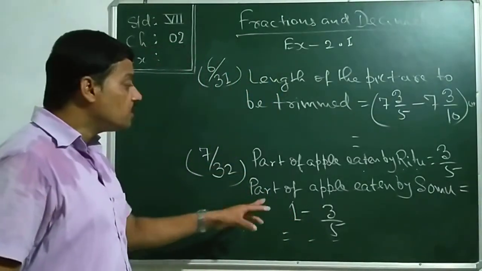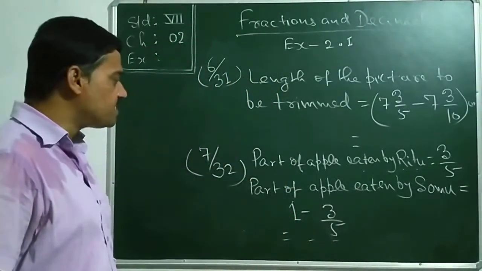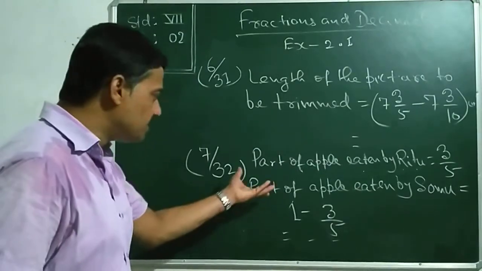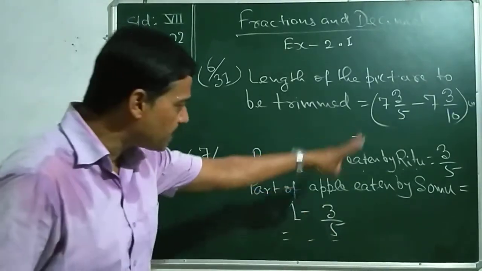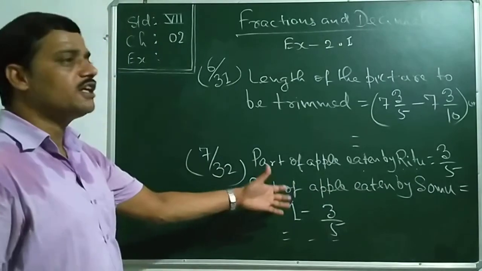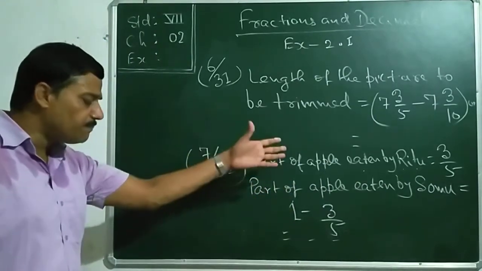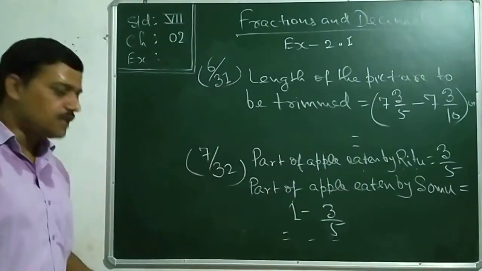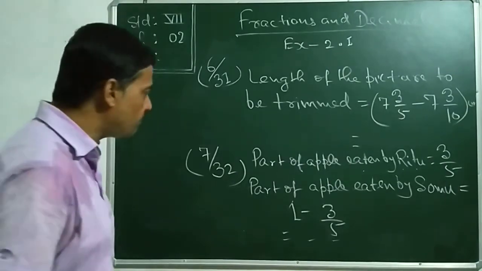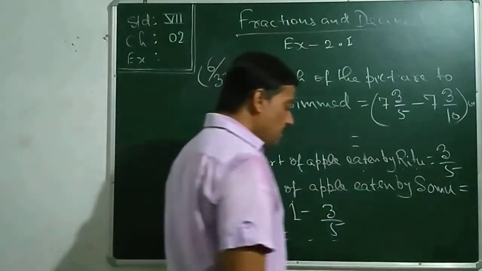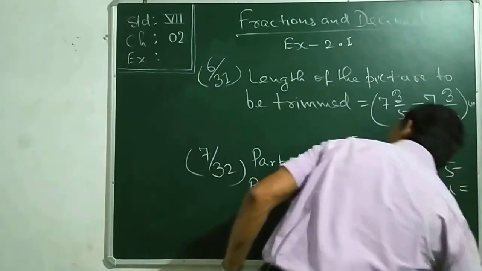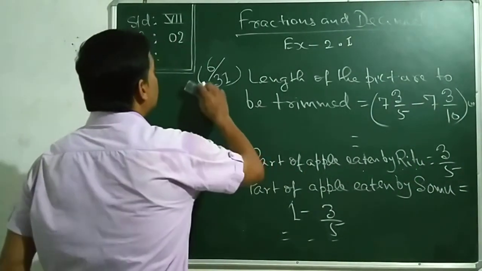Which one is greater? Whoever had eaten the greater, subtract both the fractions also, and the difference will be greater by that fraction. That much you will do yourself. And in the last sum, that is 8 number.